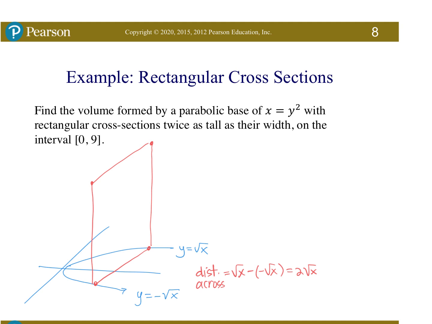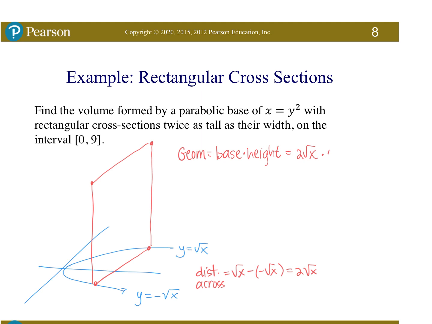So the geometry for a rectangle is also base times height. And our base across from point to point, we said, was 2 rad x. But what will our height be if it's twice as tall?